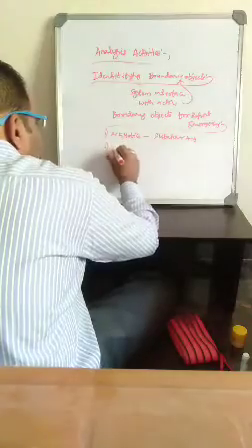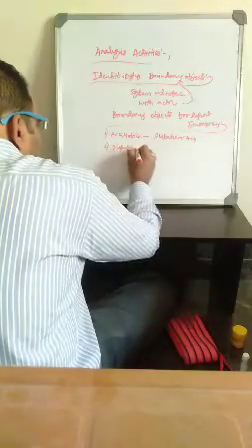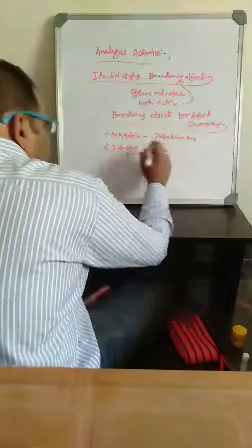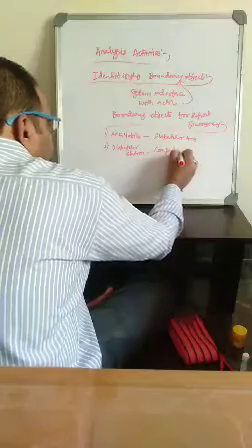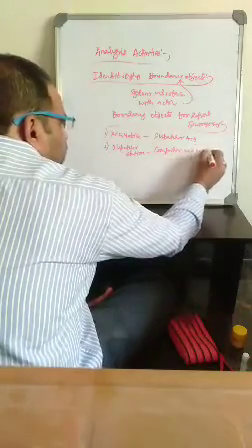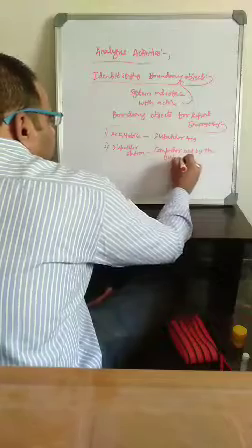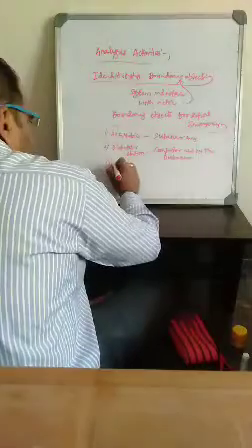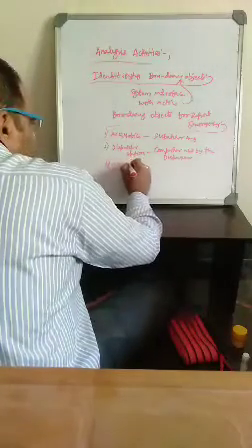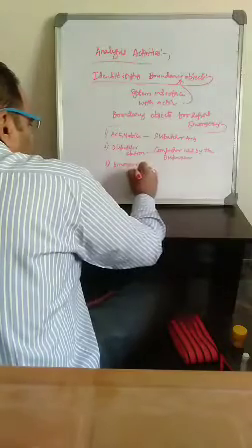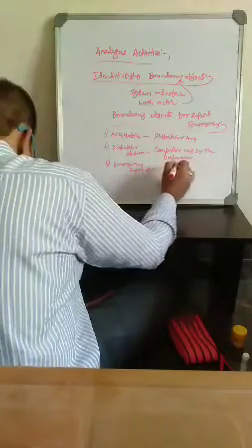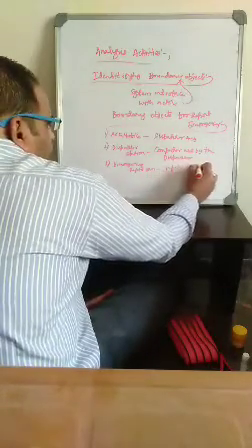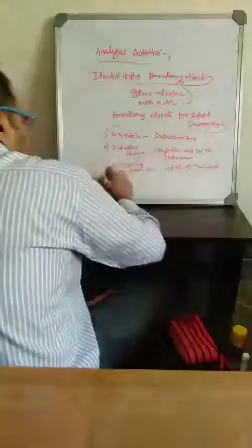Second one is the dispatcher station. That is the computer used by the dispatcher. Third one is the emergency report form. It is mandatory, and it is for the input of the report.